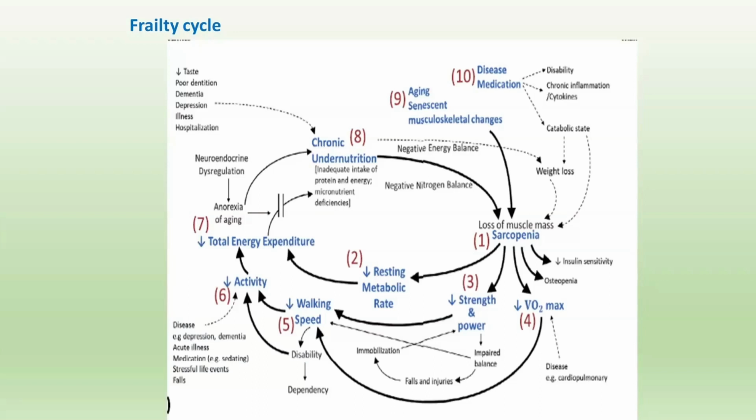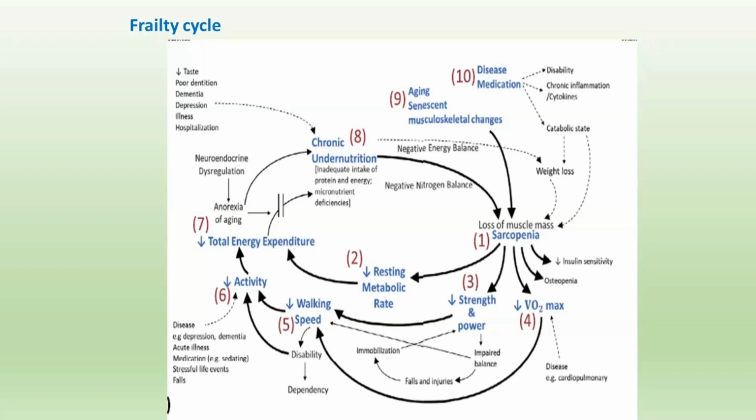With age, we all know there's a reduction in taste, poor dentition, dementia and depression, all these with illnesses and hospitalizations. These people tend to get chronic undernutrition. So this lack of micronutrients, proteins and energy leads to negative nitrogen balance, leading to sarcopenia.